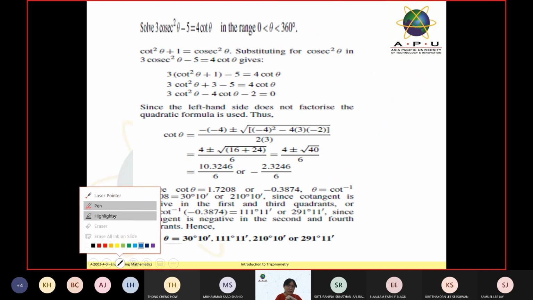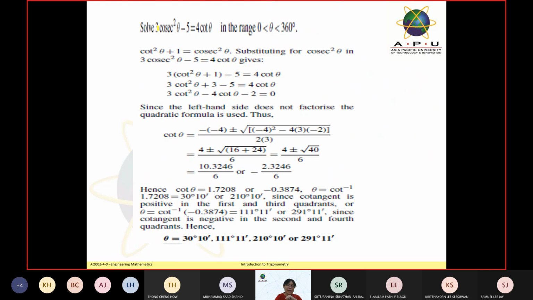For the next question, we need to solve it by using trigonometric identities. We have 3 cosecant square theta minus 5 equals 4 cotangent theta.